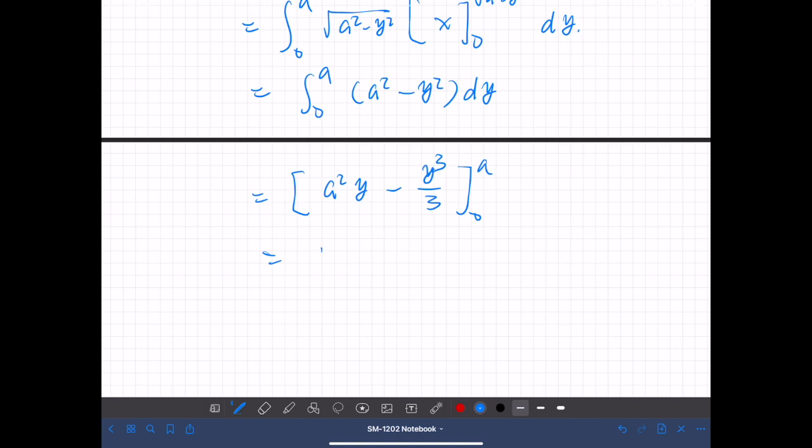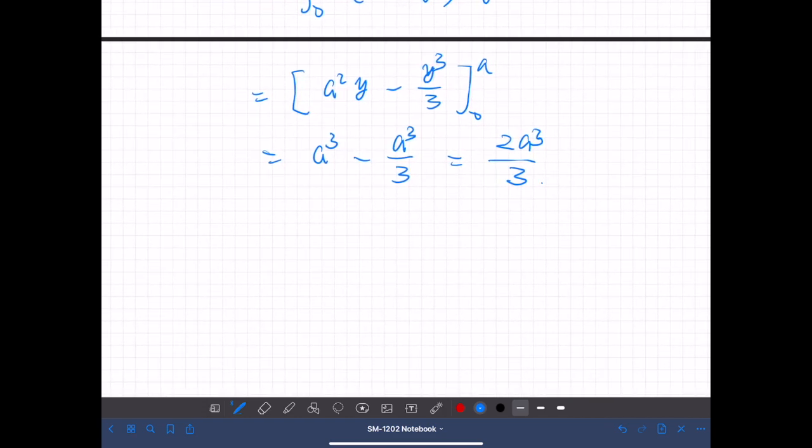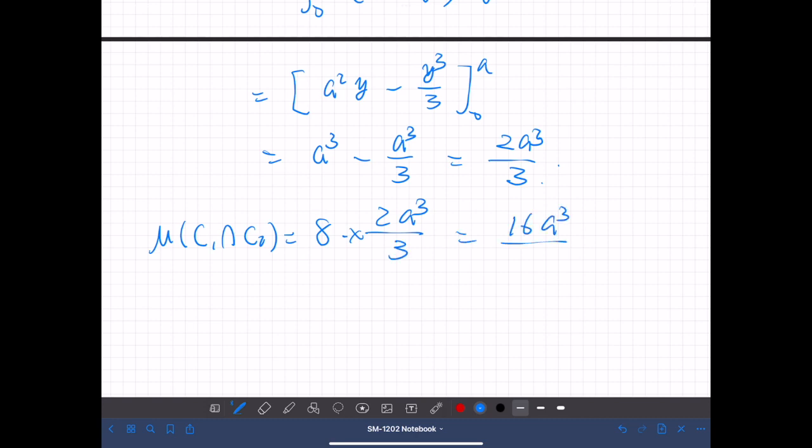That is a cubed minus a cubed over 3, which is 2a cubed over 3. So if we multiply this quantity by 8, we have the volume of the intersection. So 8 times 2a cubed over 3, that is 16a cubed over 3.